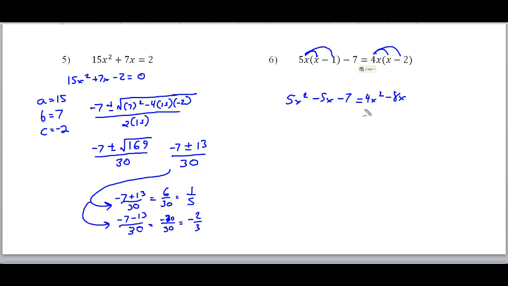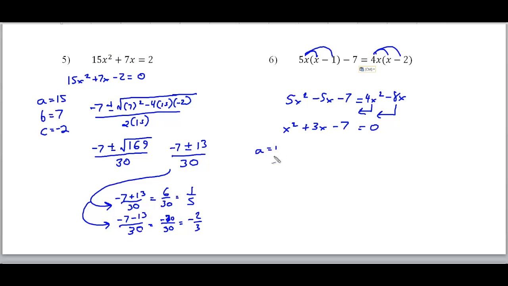Alright, so let's move some things around here so we can get the problem started. Let's move the 4x squared to the left side and move the 8x to the left side and get this equal to 0. So this is going to be x squared because 5 minus 4 is 1. And this I'm going to add over here, so this is plus 3x. And then this is going to be our minus 7.